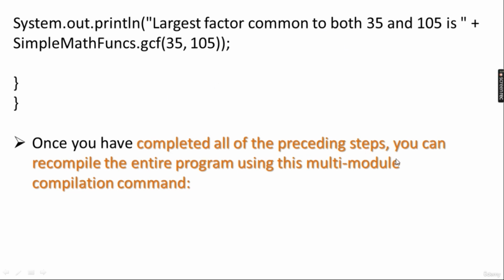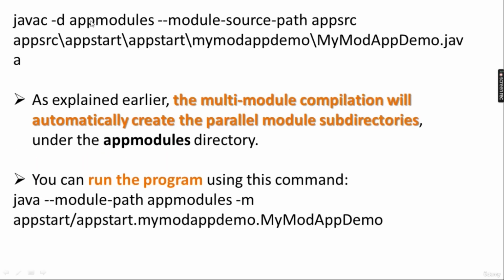Once you have completed all of the preceding steps, you can recompile the same program and you will have the output. Okay, using this multi-module compilation command, which is javac -d appmodules --module-source-path appsource appsource/appstart/mymodappdemo.java.